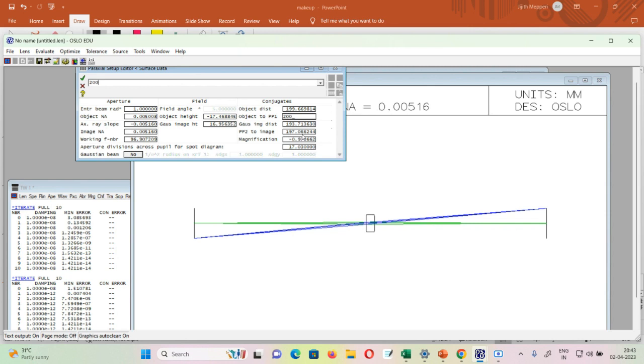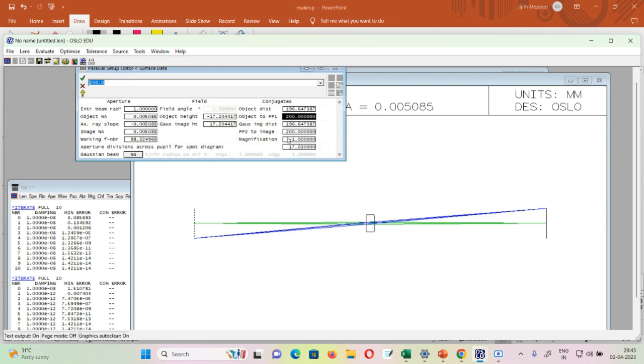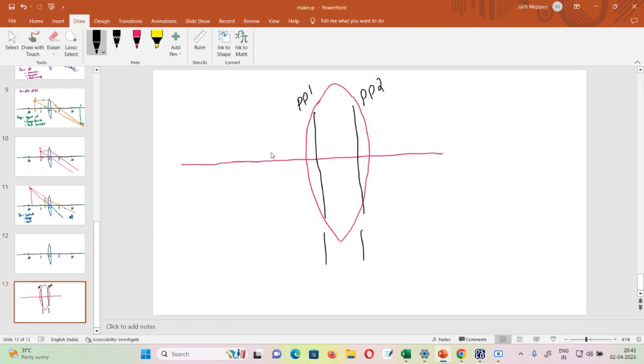It should automatically change to 200 because that's the thin lens approximation of the thick lens. So I'm just putting okay. Let's see, PP2 to image became 200, but you can see that this is object to PP1, which is 200. So the original object to the lens will be a little bit less.